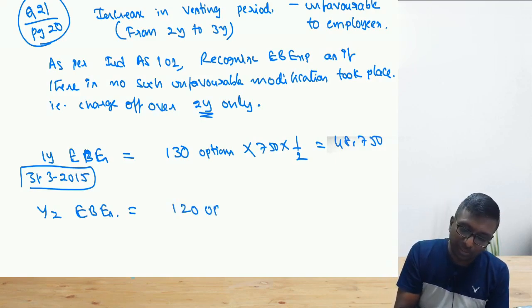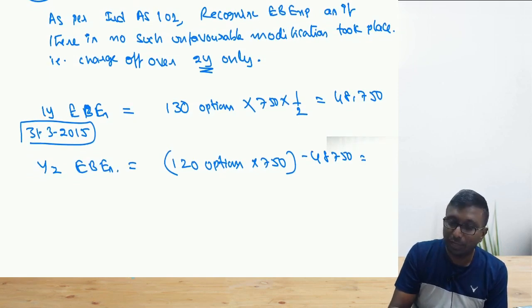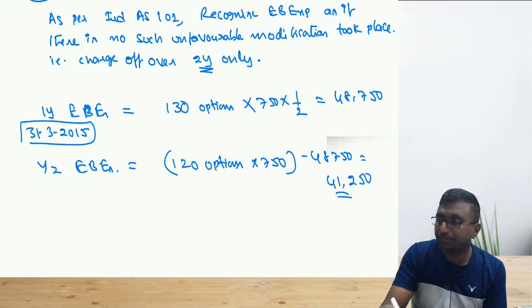So 120 options into 750 comes to, minus 48,750. How much? 41,250.